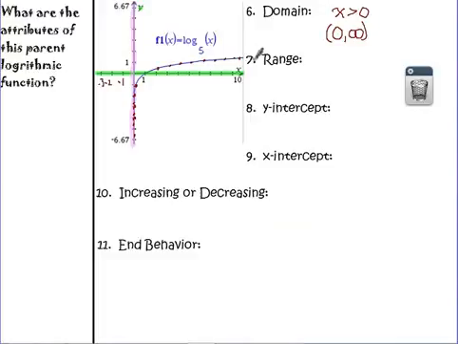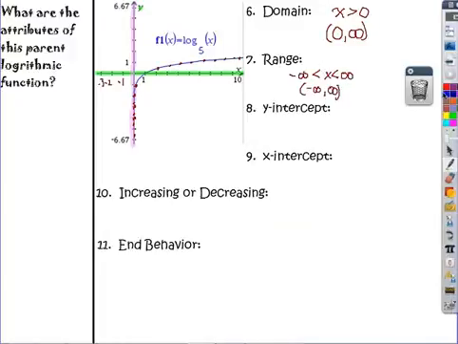They increase fairly slowly, but they are going to continue to increase. Well, what does this tell us about the range? This would tell us that the range is y's that are greater than negative infinity and less than infinity. In other words, negative infinity to positive infinity.